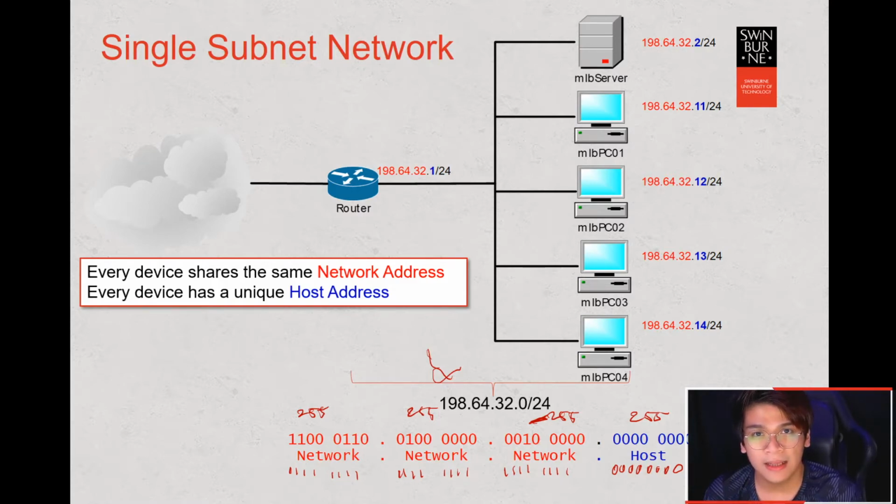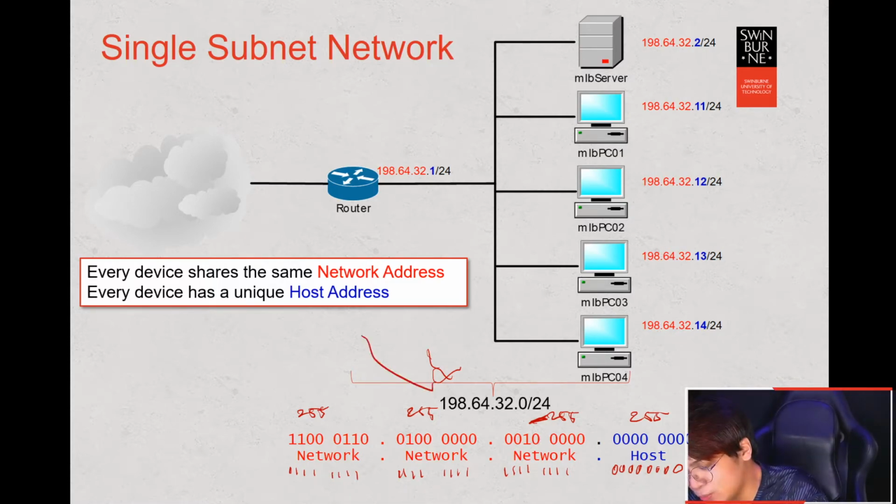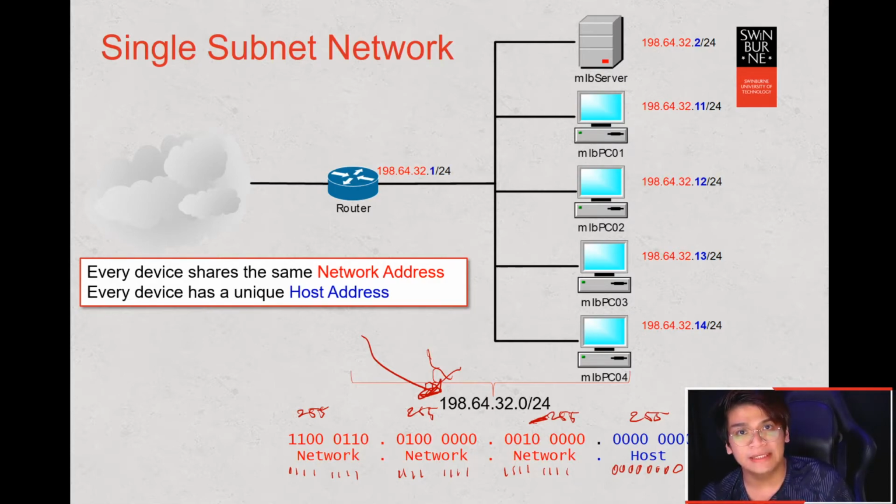Same thing. Every device in a single subnet network shares the same network address, which is 198.64.32.0/24 in this diagram.